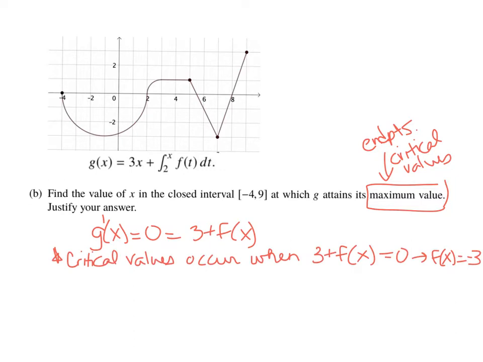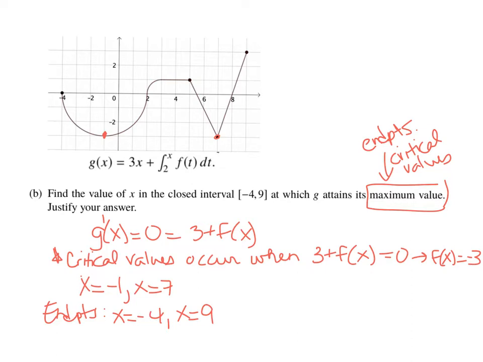So if you look at the graph, the f of x is going to hit -3 right here and right here. So that's going to occur at x equals -1 and at x equals 7. The other thing is we had endpoints. So our endpoints are going to be at x equals -4 and x equals 9.